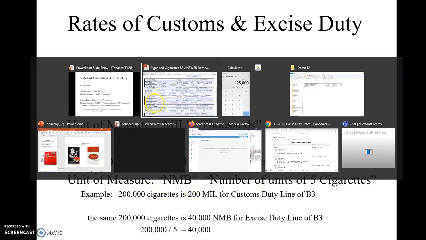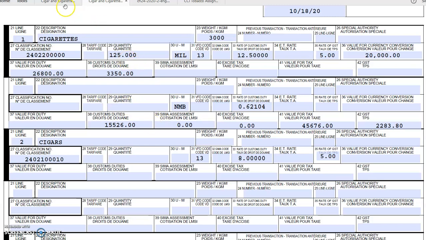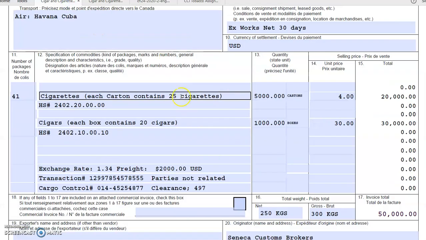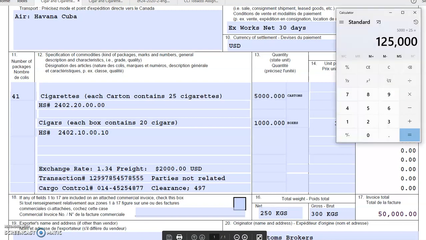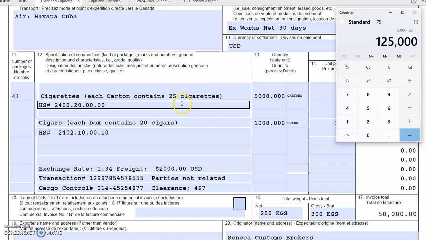Okay, so we take the number of cigarettes, which we already calculated, is 125,000. 5,000 cartons and 25 cigarettes each carton. We need to know how many groups of 5 that is. So we divide the 125,000 by 5.